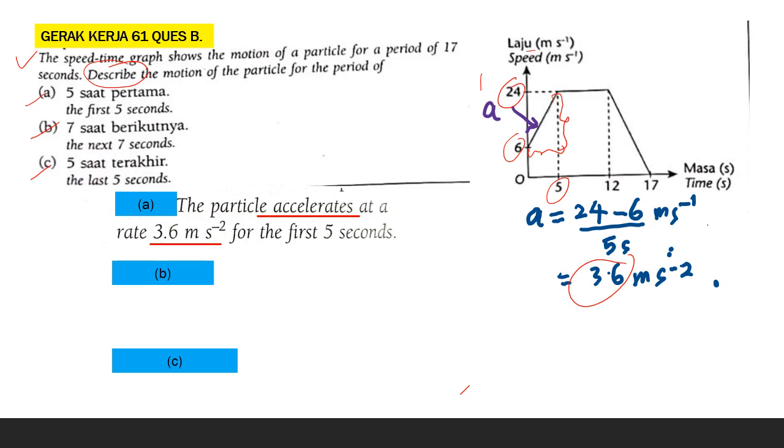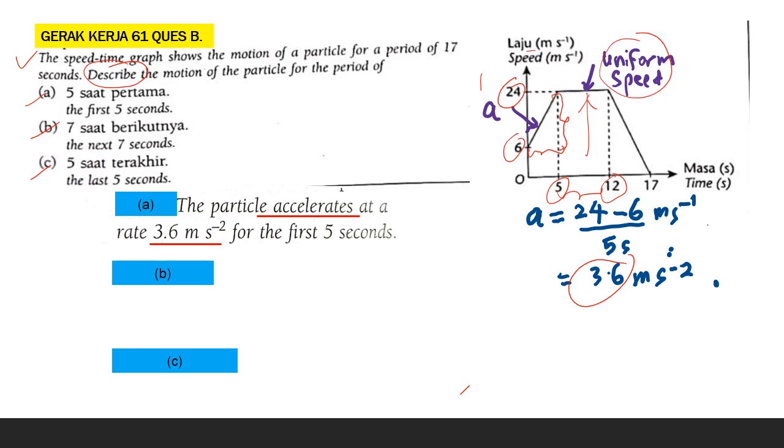Okay, next for B, the next 7 seconds. The next 7 seconds will be here. So what does the graph tell you? The speed does not change. It is at uniform speed.